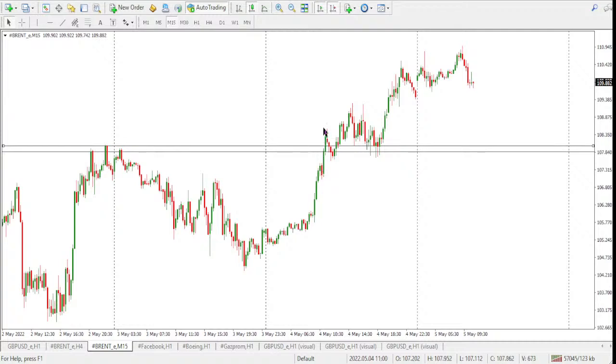There was a break above, a pullback, a continuation, then a bounce back to the same support level. So this here could have been a good place to look for a buy from. Anyone who's trading a breakout strategy knows that this is a good place to look for a buy from.